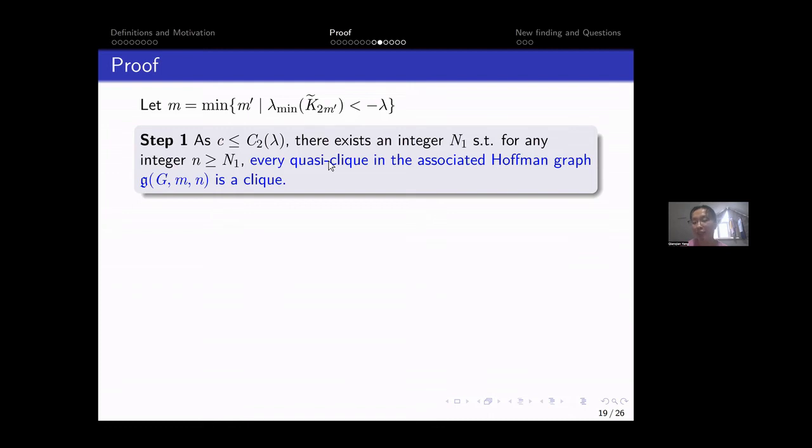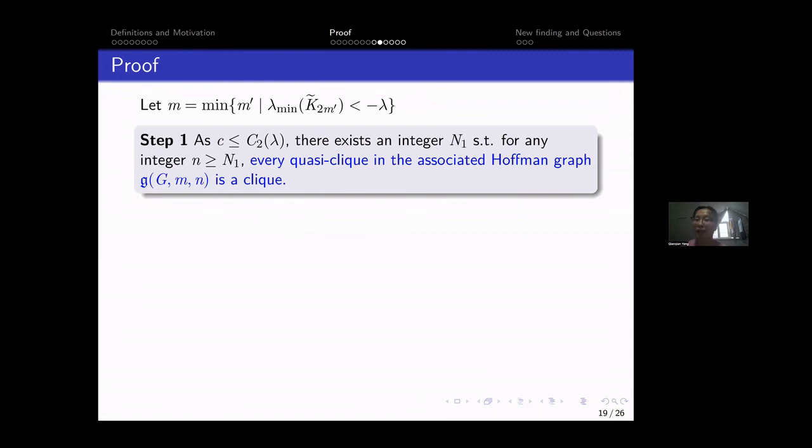any 2 vertices in this quizy clique must have many common neighbors. Let's recall the definition of a quizy clique. A quizy clique starts from a clique of order n, and a vertex in this quizy clique has at most m-1 non-neighbors in this clique.